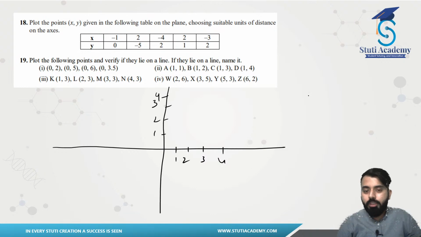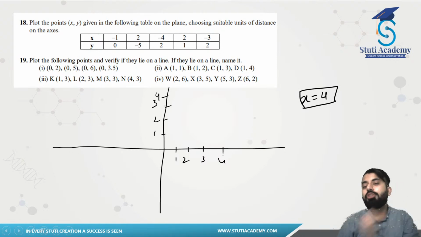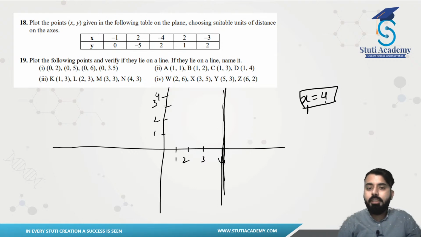I'm going to assume, firstly, I'm going to draw a line x equals 4. There should be a line which will be passing the x-axis at 4. So 4 is here, so this will be the line right here, right? So this is the line. Now you can see on this line, I can have a 1 also.